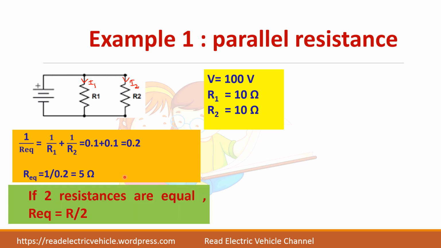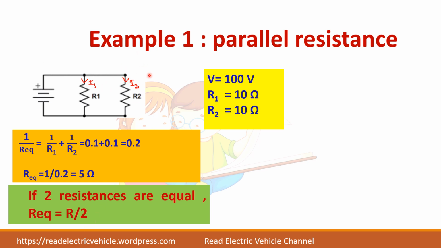And you can see one thing here. Two resistances, when they are connected in parallel, what is the equivalent resistance? 5 ohms. So 10 ohms, when they are connected in parallel, becomes 5 ohms. It means that when the resistances are equal, it gets divided by 2.